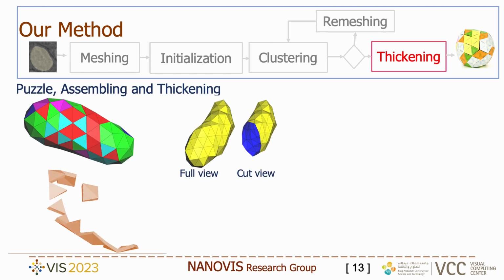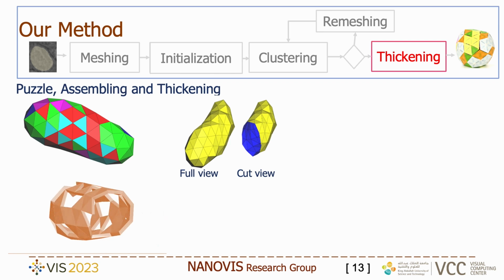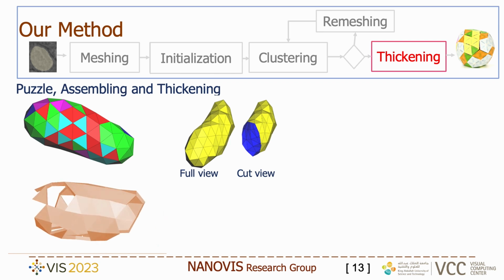After getting the k-set triangulation, the next step is thickening. You can see the cut view. Surface mesh has no thickness. We thickened the mesh in the direction of the vertex normal.